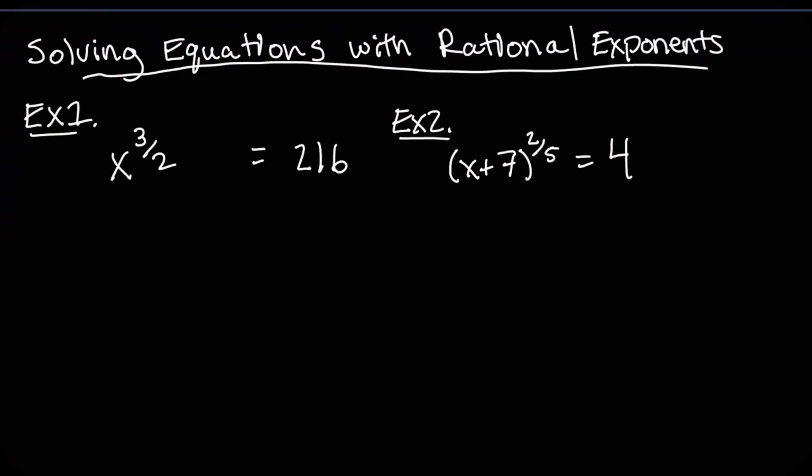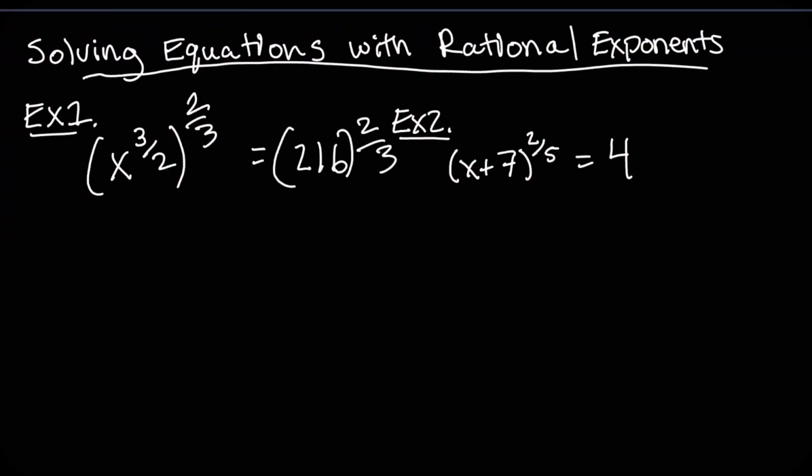Next, let's look at solving equations with rational exponents. So we're given x to the 3 divided by 2 is equal to 216. So in order to get rid of this 3 divided by 2 power, we want to take both sides and raise that to the 2/3.